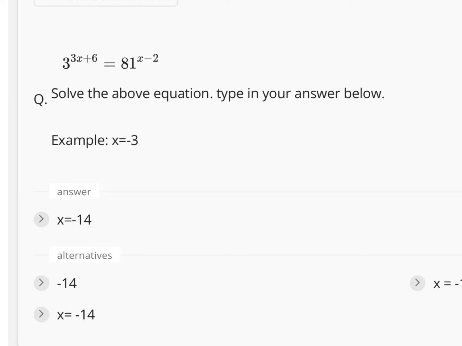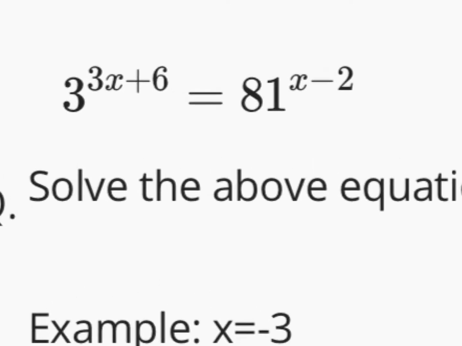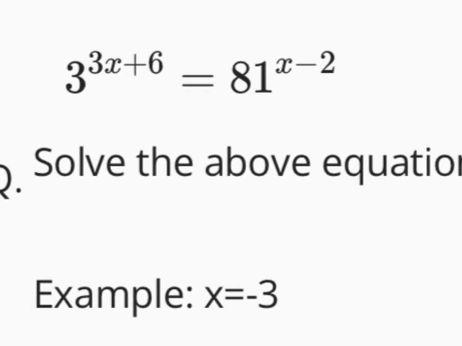So just like the previous question, we have an equation that has variables in the exponent. We don't want variables in the exponent. We want them to come down as a regular equation, regular variables, not variables that are exponents. So the key is to get the same base. Okay, so I have a 3 right here. This is an 81.